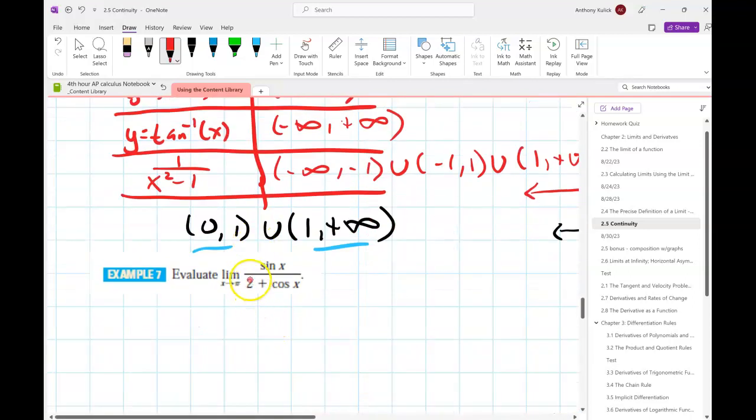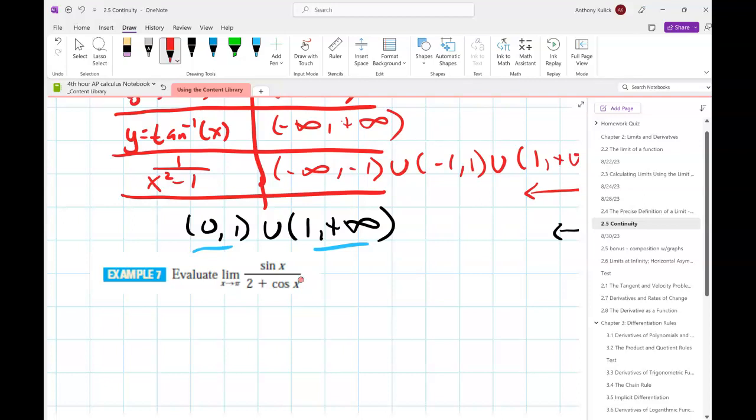Okay? 2, is that a continuous function? Yeah, it's a polynomial, right? Those are on our list. And again, its domain is all real numbers because every polynomial's domain is all real numbers. And cosine, is that continuous? Yes, and its domain is the same, all real numbers.